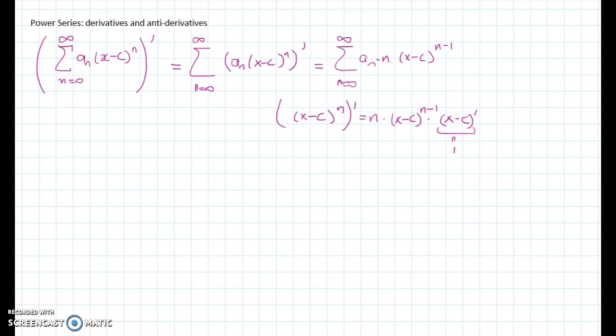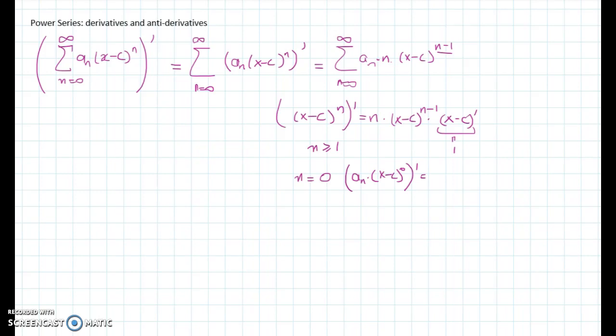Okay, let's look at this. There is something weird here because I'm saying that the first value of n is 0, and then we have here power of n minus 1. That will give us something weird, but we just have to observe that the derivative I wrote here on the side is for n greater or equal than 1. For n equals 0, we are taking the derivative of a_n times (x - c) to the power of 0.